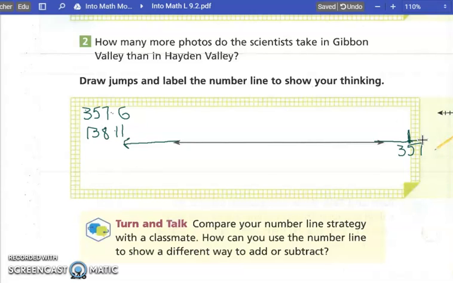That's supposed to be an H. My pencil wouldn't draw it. Okay, now what would you subtract first? Should we subtract our ones?